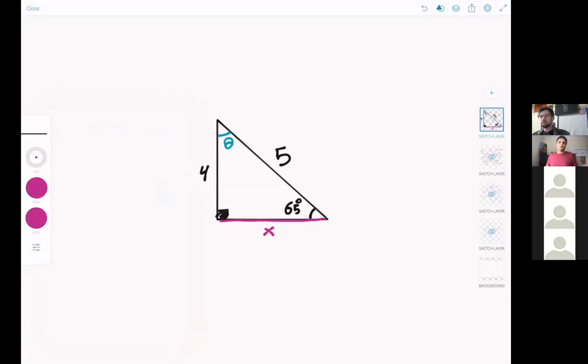Back to solving triangles. We went through solving triangles in one of the exams. Now I'm asking you guys, solve for theta and x.